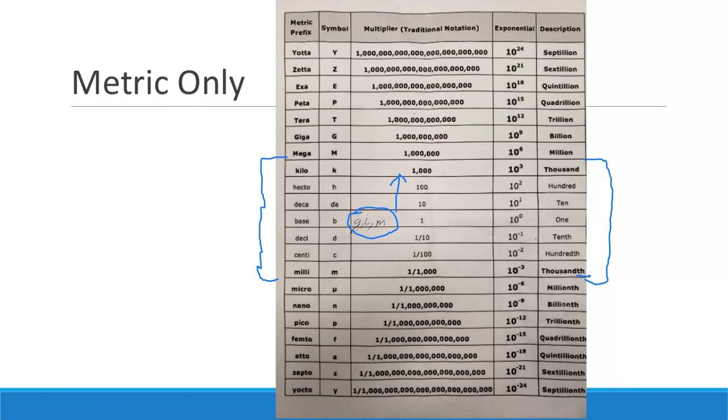10 to the 0, or our base, is just going to be 1. 10 to the 1 is 10, and as each one increases, it increases by a factor, or a power, of 10. And so you can get to numbers very quickly like quadrillion or septillion, which we'll actually see a couple of times later on when we're talking about atoms.